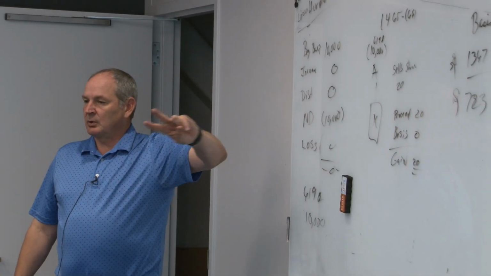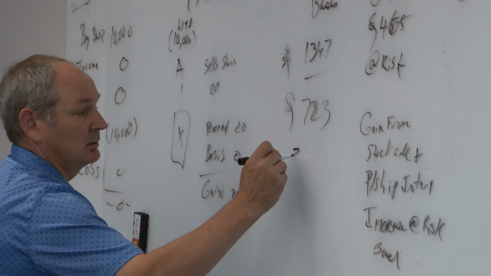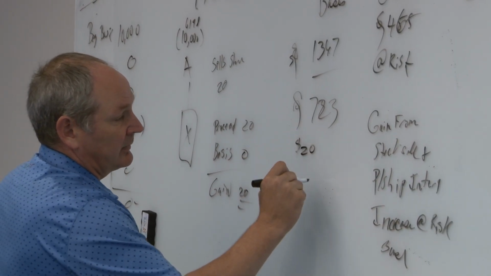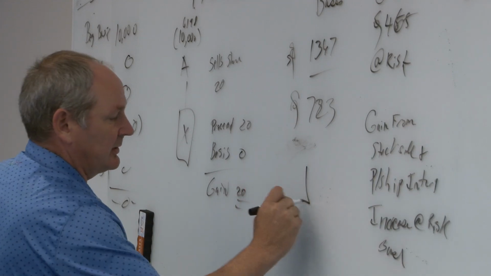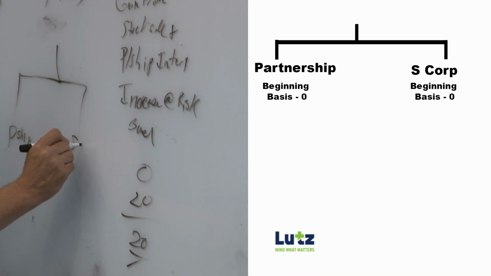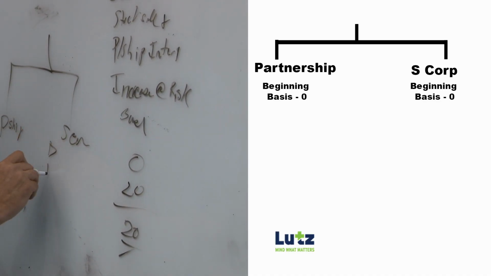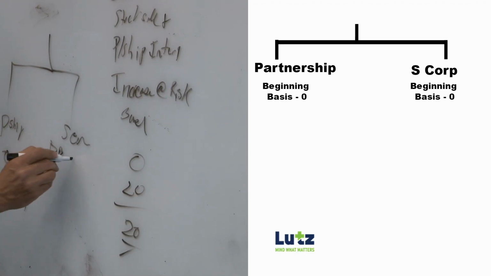So there's 2 court cases. One's a partnership court case and one's an S corp court case. And they split. Let's do it this way. Partnership, S corp. Beginning basis, both happen to be 0.